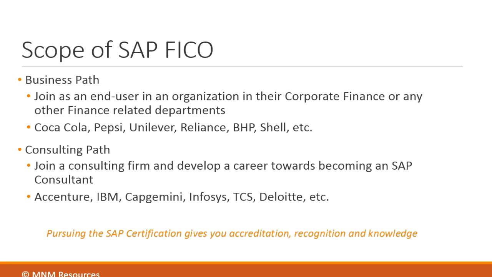Some of the good consulting firms around the world are Accenture, IBM, Capgemini, Infosys, Tata Consultancy Services, Deloitte, and some of the other auditing firms. Plus you also get a lot of smaller companies doing consultancies as well.